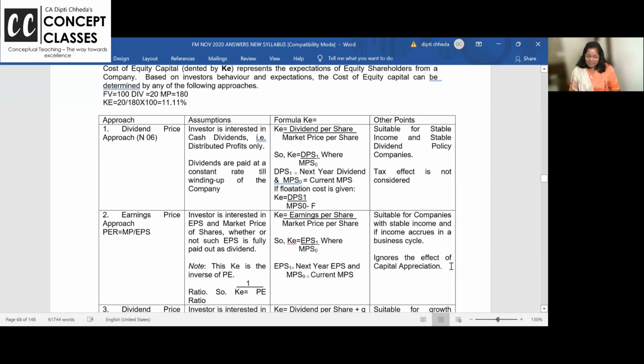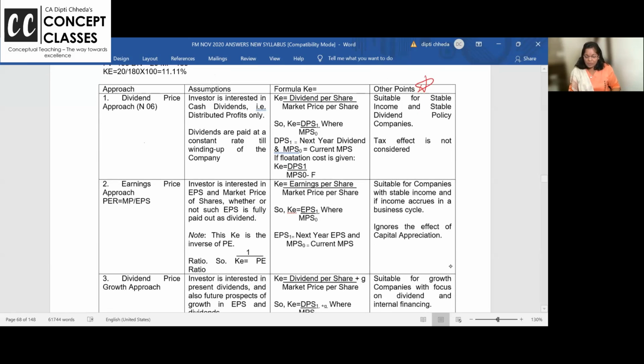See, look at these formulas. Short notes are coming and these other points are important. If I start explaining in a routine class, this chapter goes on for 8 to 10 classes, at leisure. But I am trying to explain to you the dividend price approach, DPS1 by MPS0 into 100.